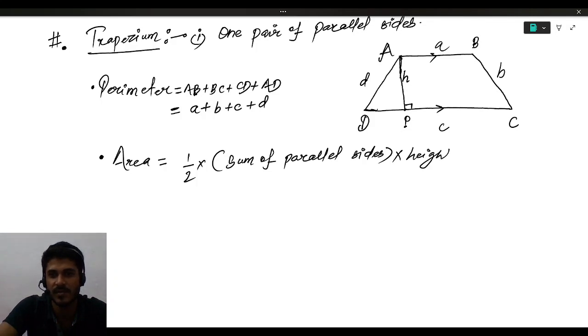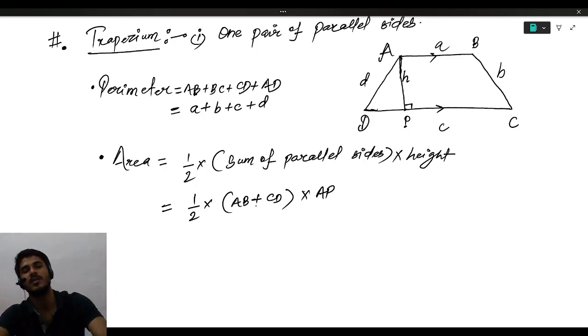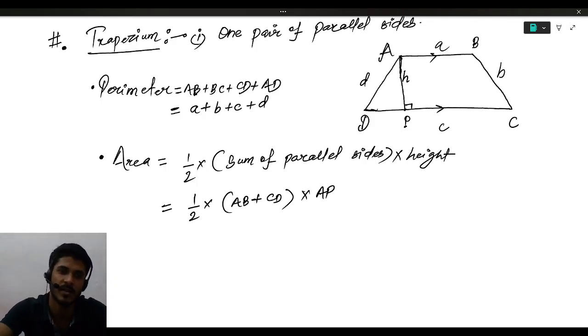So using this figure, if I ask you to substitute the values, you'll be putting the sum of parallel sides: first parallel side is AB, second parallel side is CD, into height, which is simply h, or AP. So this is the formula we will use in trapeziums. So let's do a question.